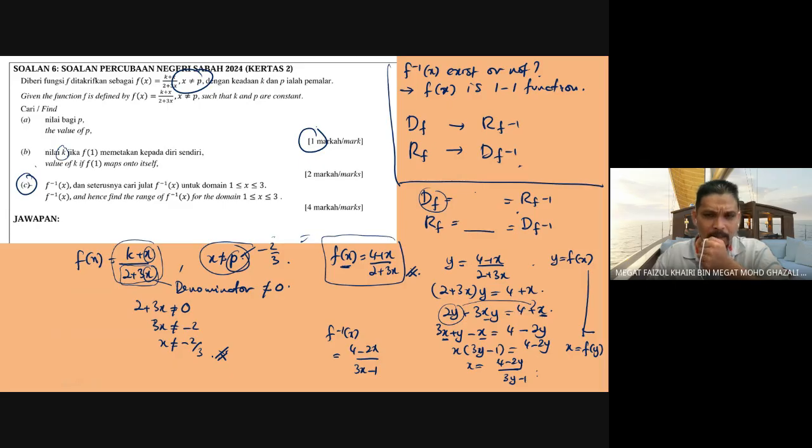Okay, and then substitute x equals 3 into the inverse function, because x is in between 1 and 3 here.